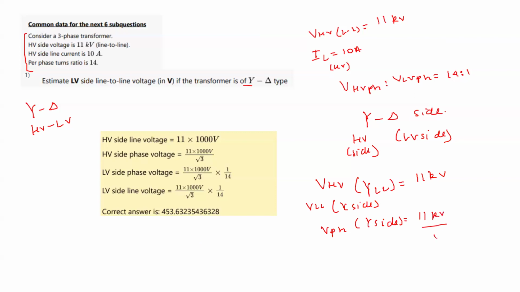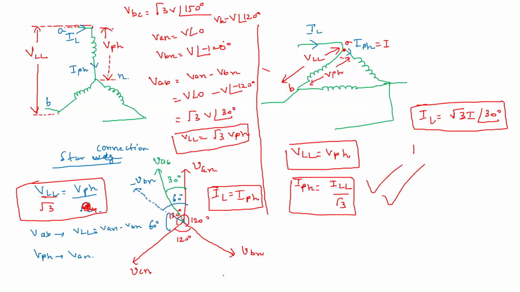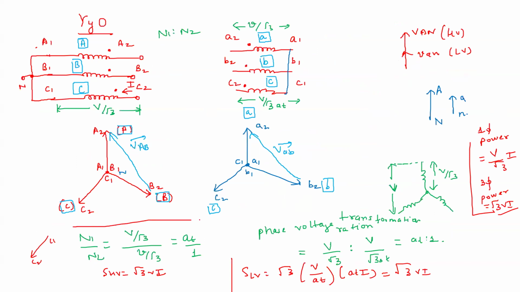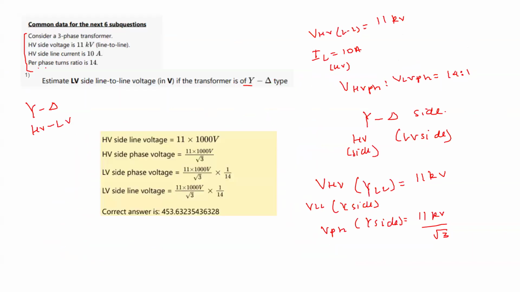Now this ratio N1 to N2 is the phase voltage transformation ratio. By default, this is the phase voltage transformation ratio unless specified in the question. Here they have specified phase turns ratio as well.